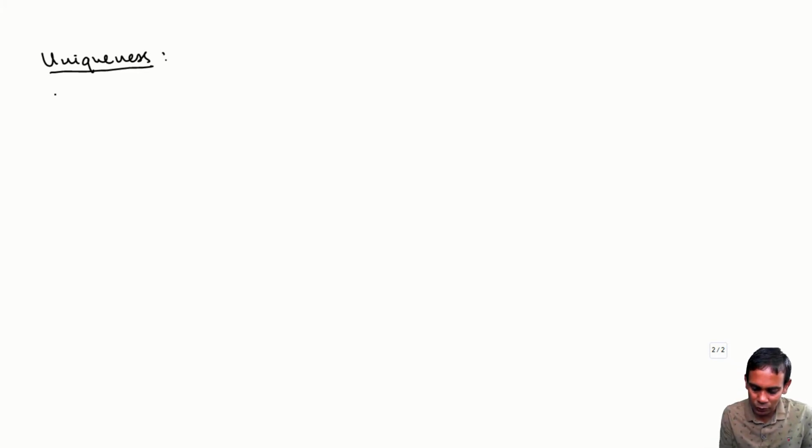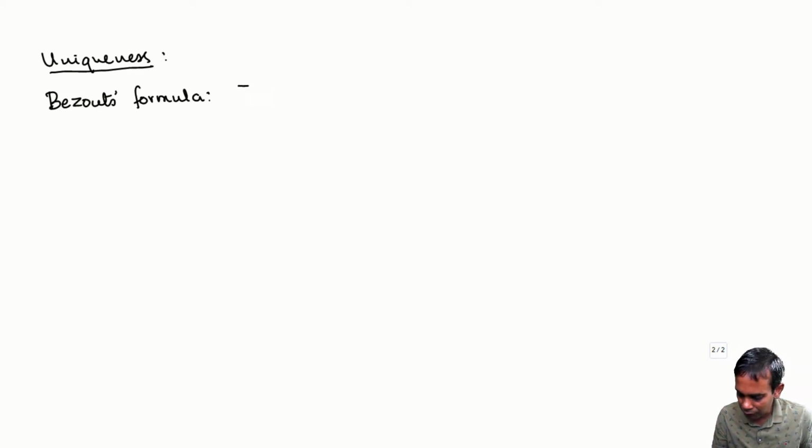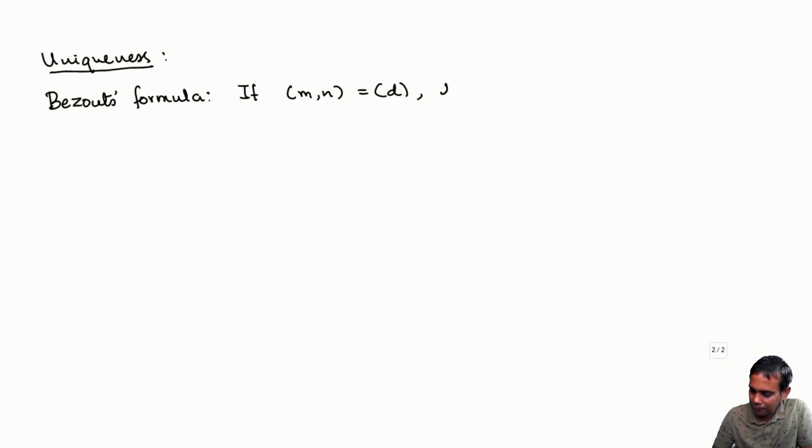So one is Bezout's formula, which says that if m and n have GCD equal to D, that means if the ideal generated by m and n is the principal ideal generated by D, then there exist integers a and b such that ma plus nb is equal to D.